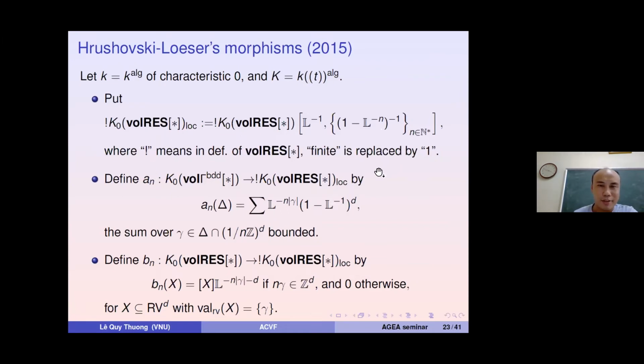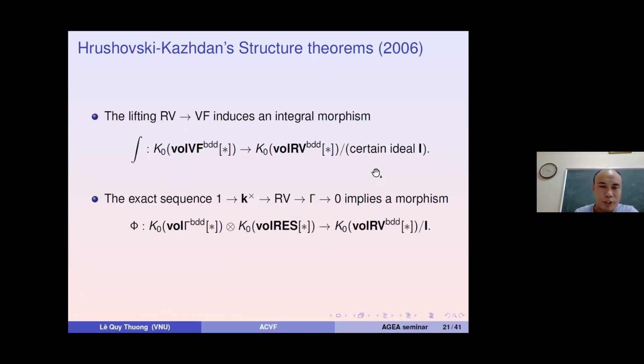So now the ideas are the ideas of Hrushovski-Loeser. You want to construct the morphism from this one to the ring of varieties, and this is also a morphism from this one to the ring of varieties, and taking this and this, we have a morphism from this one to the Grothendieck ring of varieties.